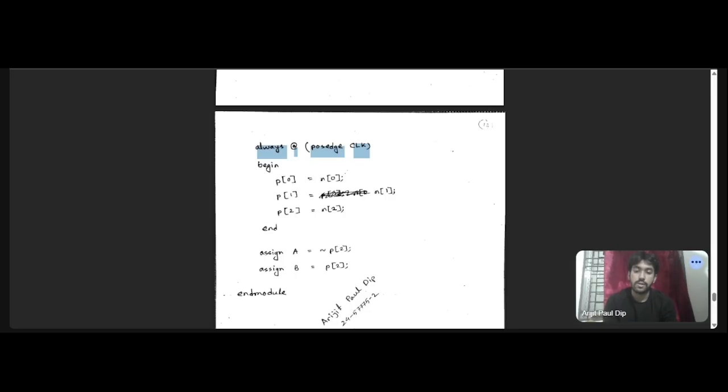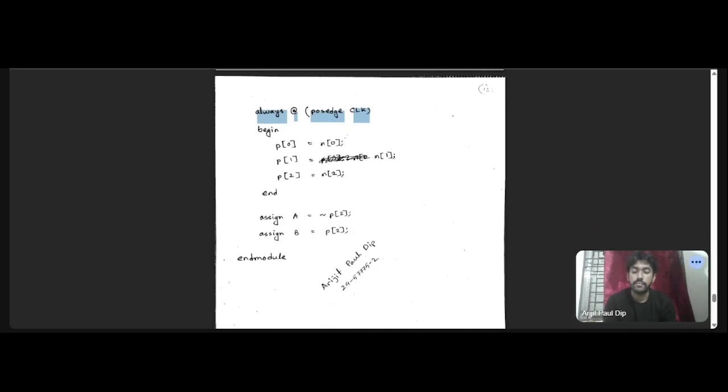So when the code gets a positive edge of clock pulse, it reassigns the next state to the present states, and the next states now become the present state, and the loop goes on. And we assign A as not p2 and assign B as p2.